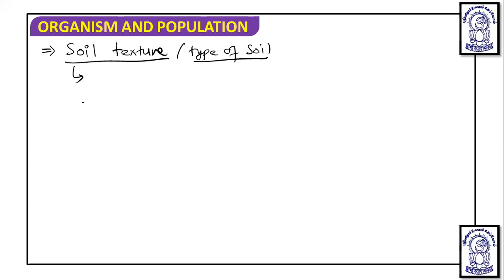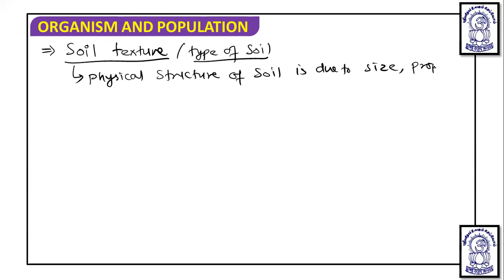Now here it is known that the physical structure of soil is due to the size, proportion, and arrangement of its constituents. And there are three main types of soil textures.